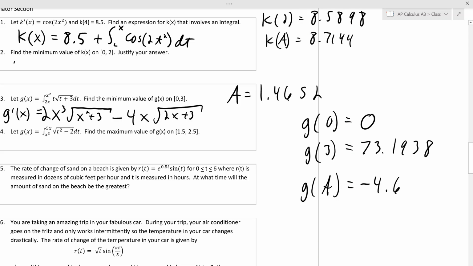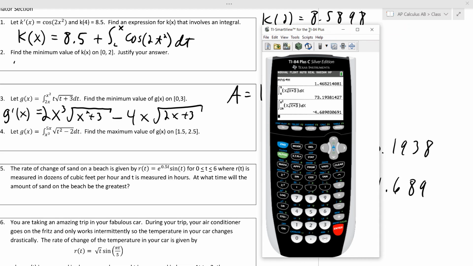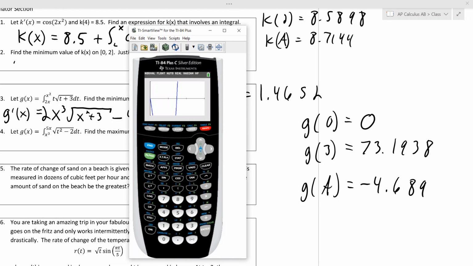Negative 4.689. All right, so again, let's go back to my calculator and explain what's going on. I thought it was going to be bigger than that in magnitude, but this little hump here must not go down that far. If I change my viewing window, y min to negative 5 and the max to 50 for right now, you can see it goes down just a very little bit and then comes back up.